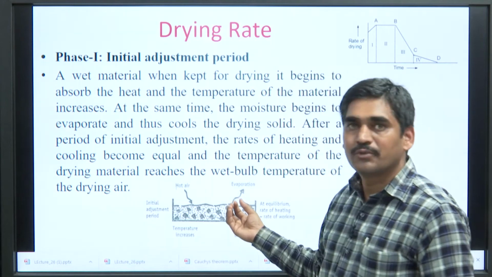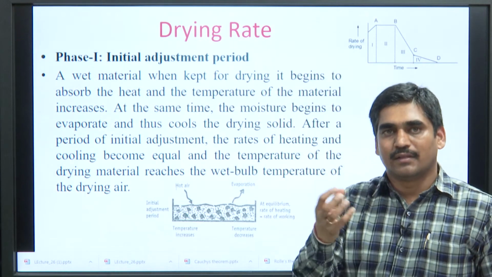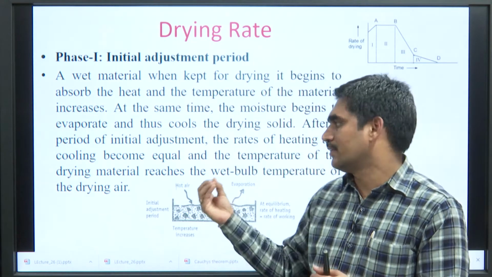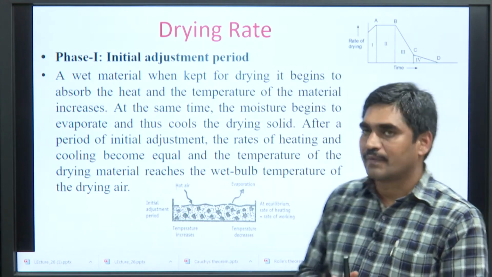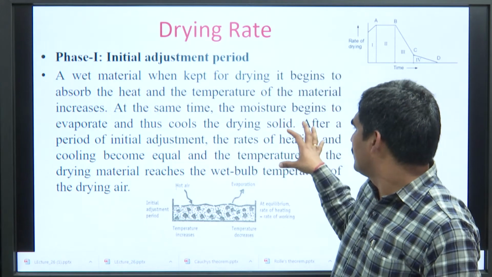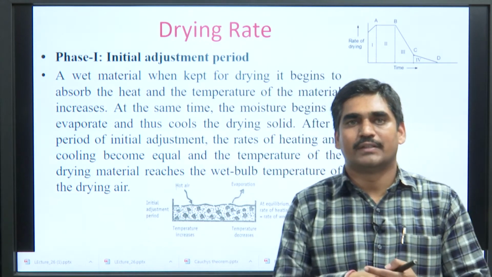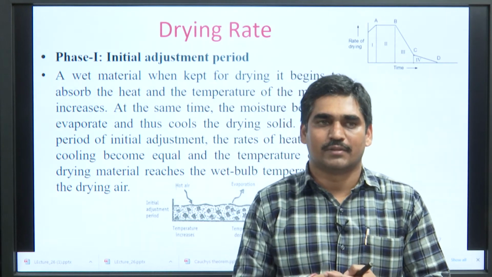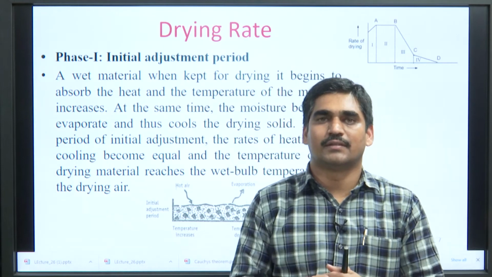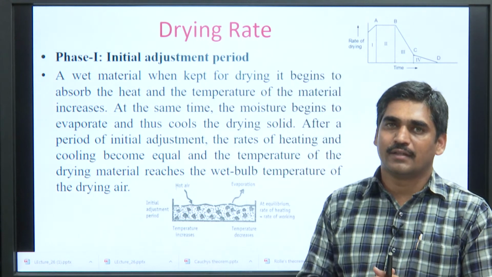As the moisture is removed from this material, it cools the drying solid. So, after this period of initial adjustment, the rate of heating and cooling becomes equal and the temperature of the drying material reaches the wet bulb temperature of the drying air.